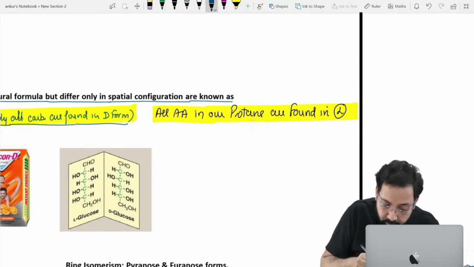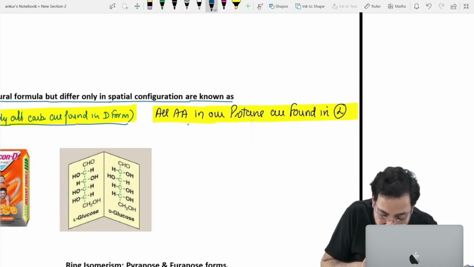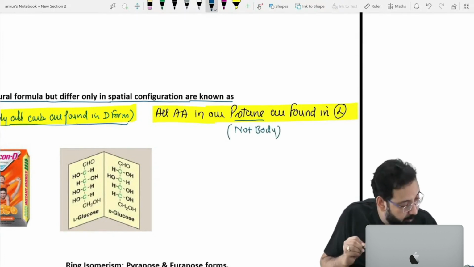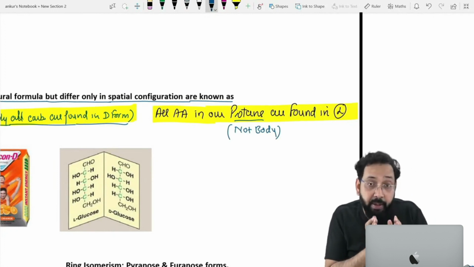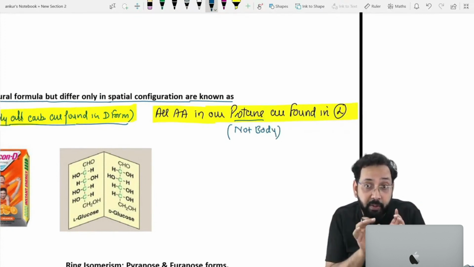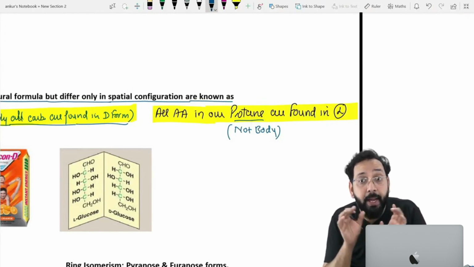This is false. I said all amino acids in our protein, not body. Yes, I will discuss that amino acids join to make peptide bonds and protein. So all amino acids in our protein, when they join to make protein, join in capital L form.